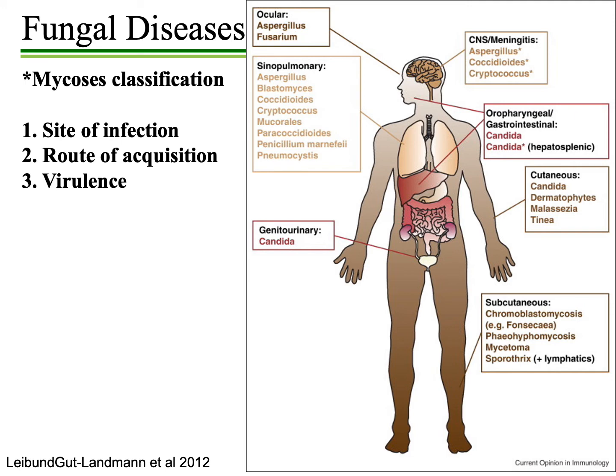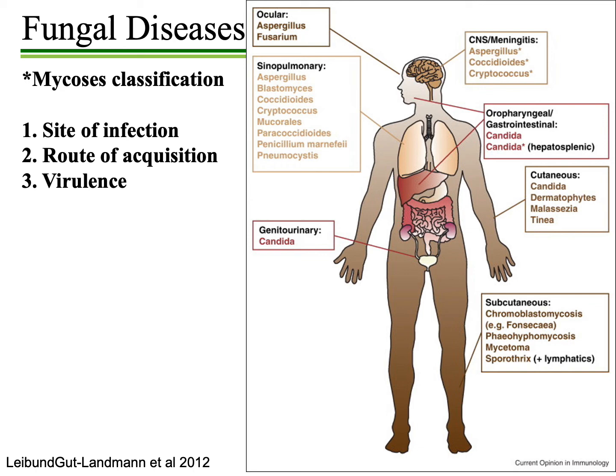So for example, if it's superficial, it could be on the epidermis, cutaneous, located within the skin, hair, or nails, subcutaneous, within a wound, for example, or deeper systemic, like within the lung or abdominal tissue. So again, the site of infection can be one way to classify mycoses.